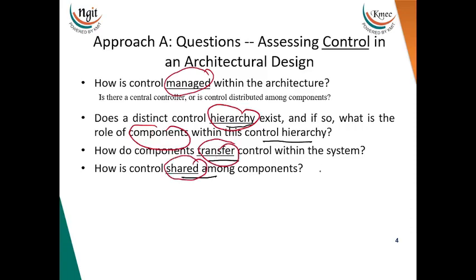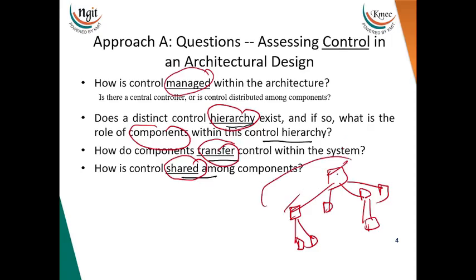Let's take an example: if I have a hierarchy of the system, who controls this hierarchy? Actually, the root. And how is control transferred and shared is based on this.